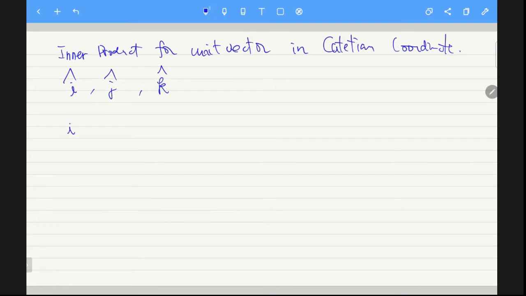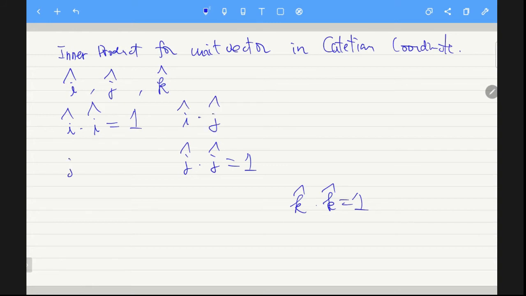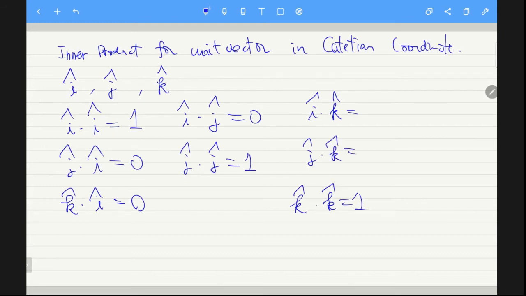So i dot i is 1, j dot j is 1, k dot k is 1. And i dot j or j dot i is 0. And then i dot k and k dot i is also 0. And then j dot k is 0, k dot j is also 0.